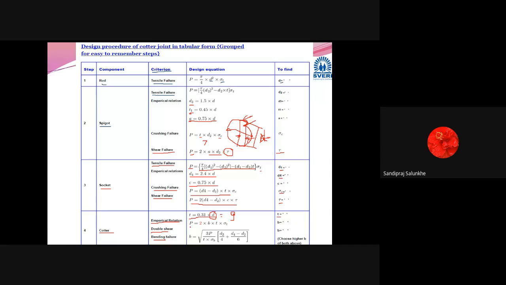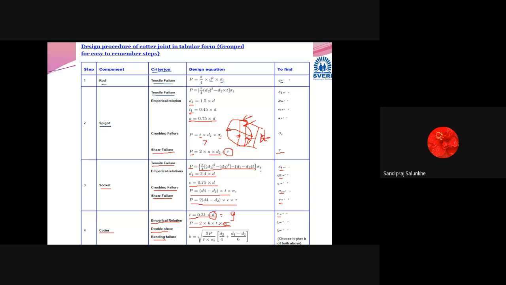Then we are going to check whether the stresses are within the limit. Here it is not tensile stress, it is shear stress, so this will be tau, by considering the double shear. Now shear stress is equal to force divided by area, hence force will become area multiplied by stress.